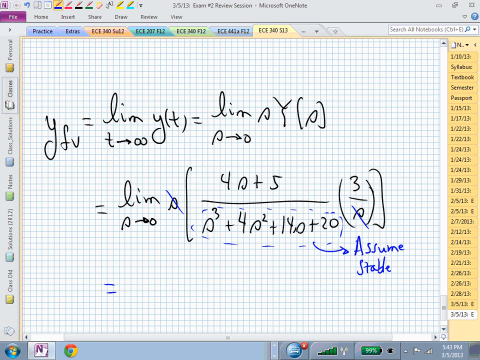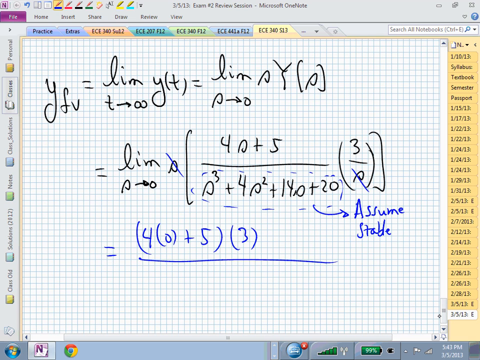But here you're showing the thought process, and the thought process is correct. If this is now stable, now you let s go to 0, and you have 4 times 0. I'll do it in a lot of detail. That's the numerator. And downstairs, you just have a bunch of zeros. You have 0 cubed plus 4 times 0 squared plus 14 times 0 plus 20.